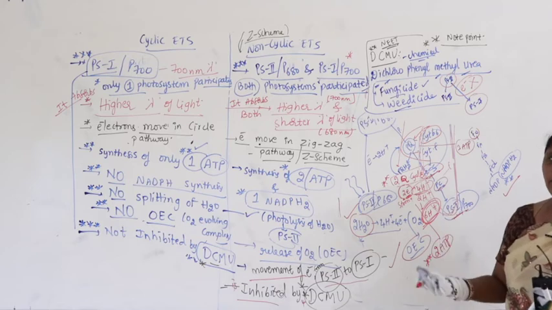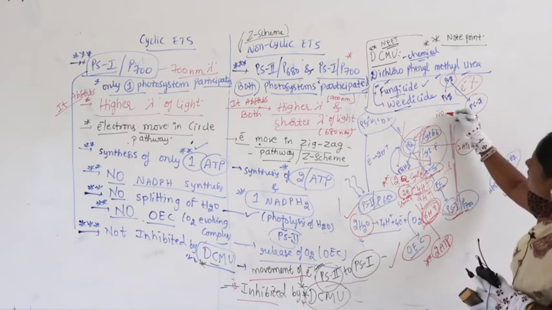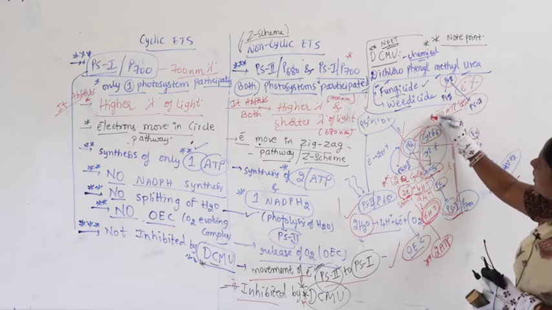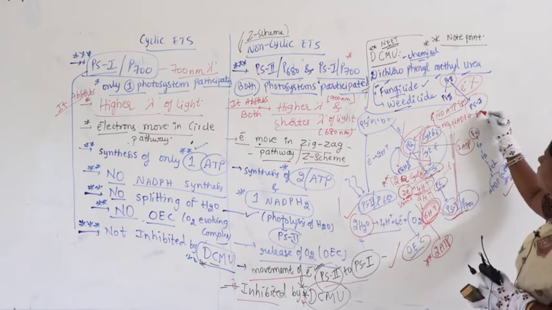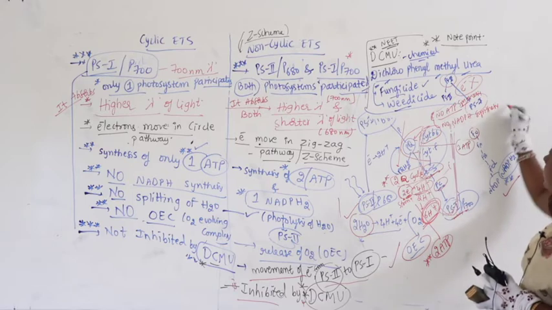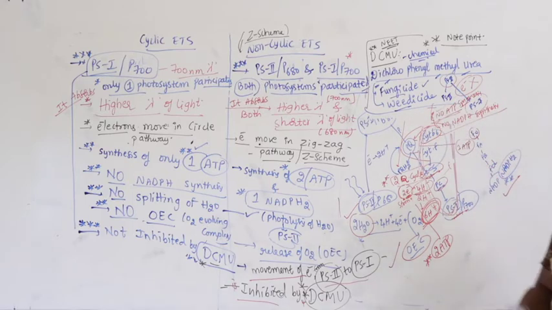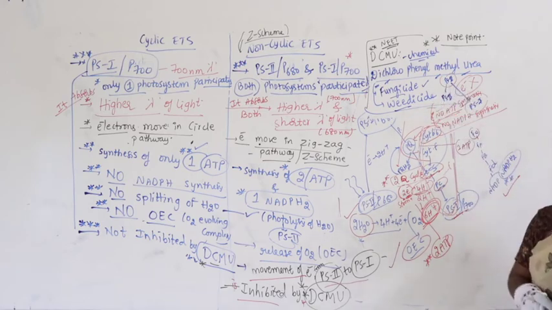So, electron movement is not happening from PS2 to PS1. As a result, what happens? No ATP synthesis followed by no NADPH, because the cycle got obstructed. So, there is no ATP synthesis and there is no NADPH2 synthesis, both are being blocked. Why? Because electron flow is blocked coming from PS2 to PS1.